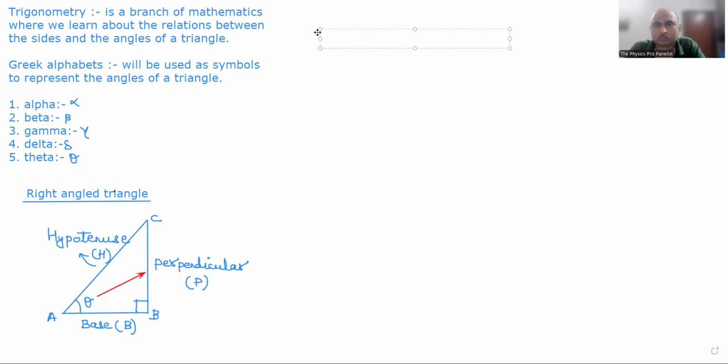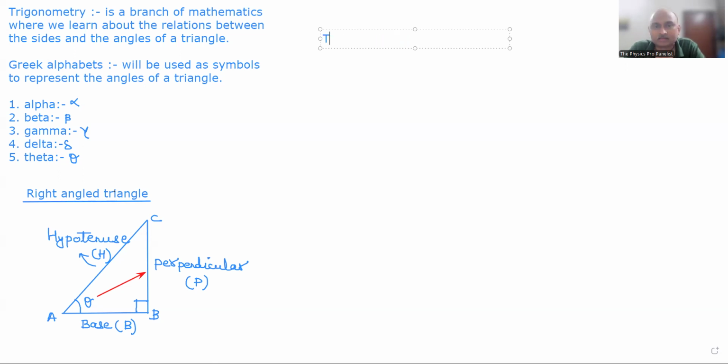So now, once we are familiar with what is trigonometry and what is a right angle triangle, the question arises: how are these relations between angles and sides given? How are they related? They are related by some trigonometric functions.